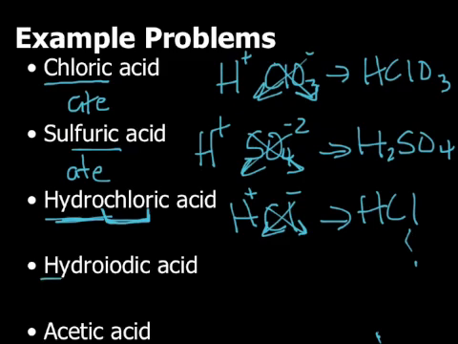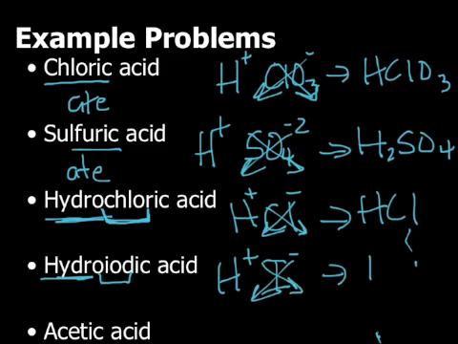Next one, another hydro, so I know that's a binary, just hydrogen and one other element. Iodic came from iodine, which was a -1. Crisscross charges, and I end up with HI.